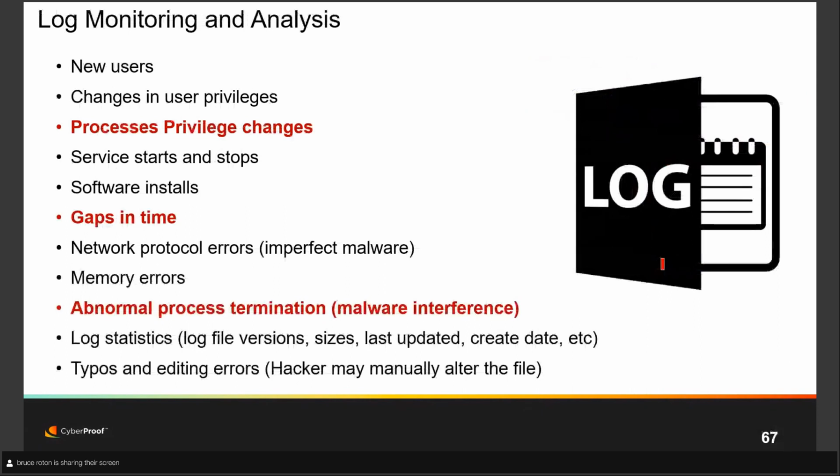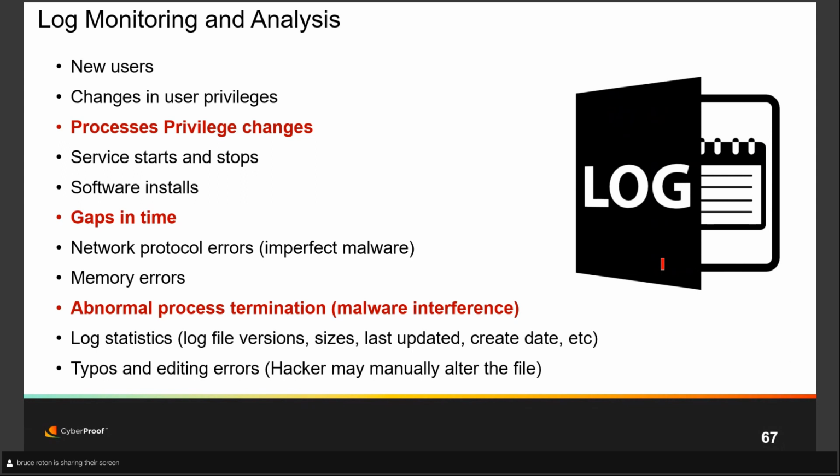So some interesting things you can find in the logs, and these often don't create necessarily events, but you'll want to look for new users, changes in user privileges, and also process privilege changes for those systems that don't have live users logging into them, that are process only, so they can use system accesses to get into that. Service starts and stops, especially if they're unexpected.